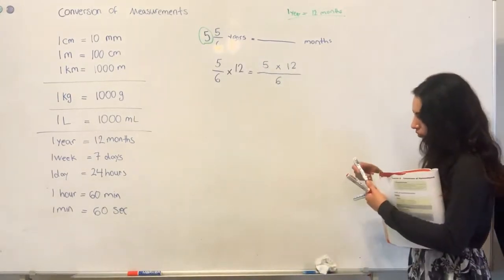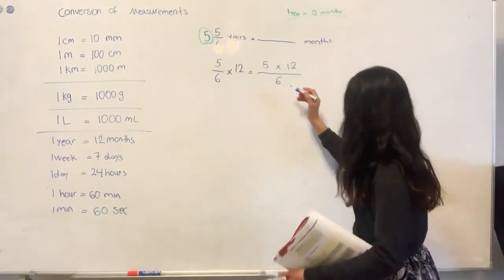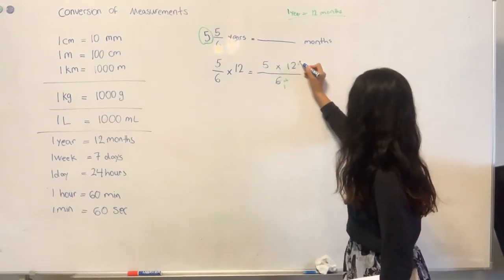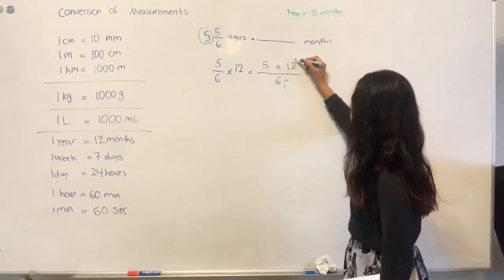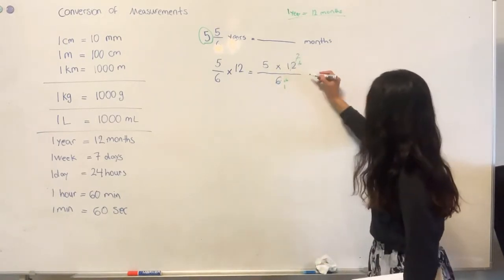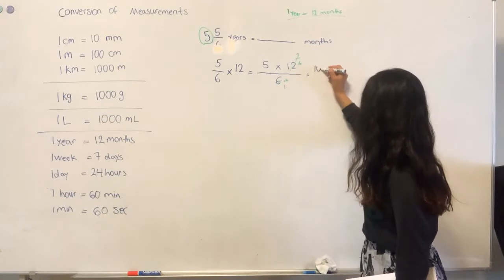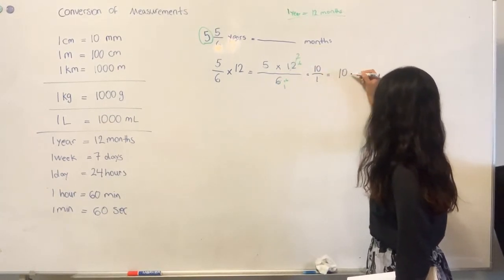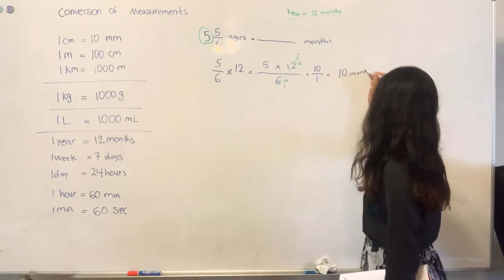Okay? And then we do our simplifying. 6 divided by 6 is 1. 12 divided by 6 is 2. So we get 2 times 5, 10 over 1, which is 10 months. Correct?